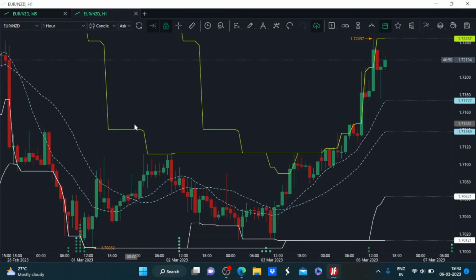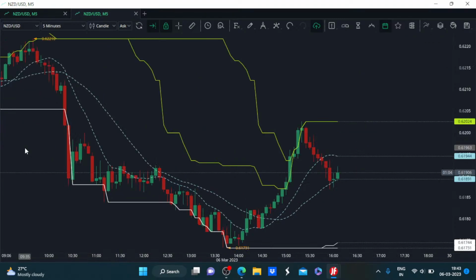NZDUSD is having a similar charting formation just like AUDUSD. There is not much of a difference for the NZD. Now here, if we have to keep an eye on the trading opportunities, the same thing is going to hold well for the NZD as well.